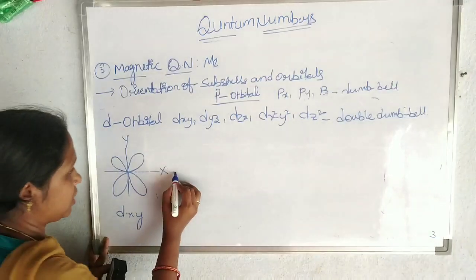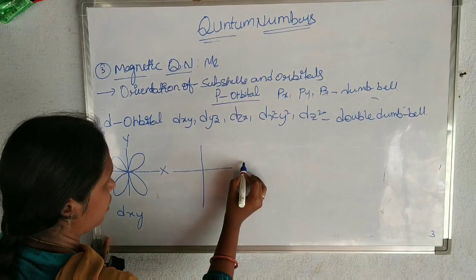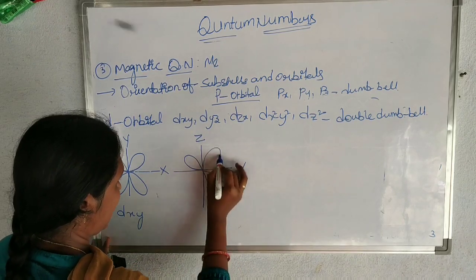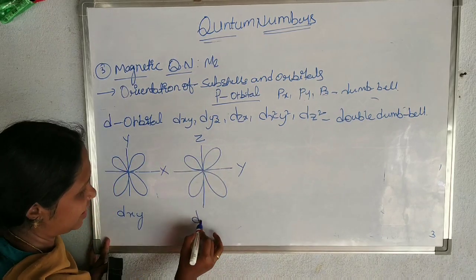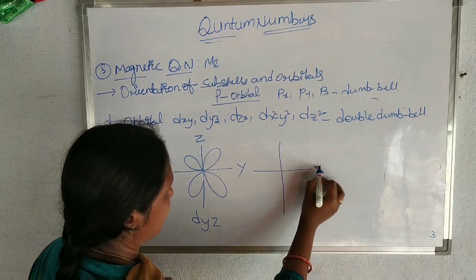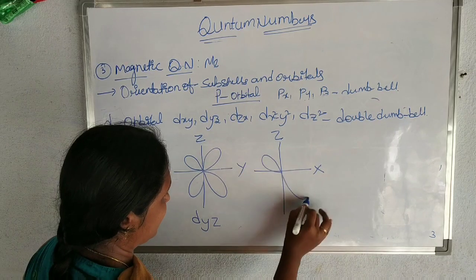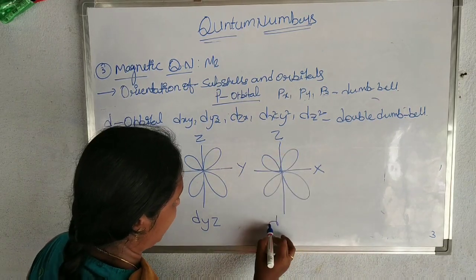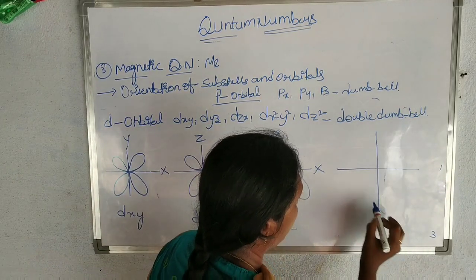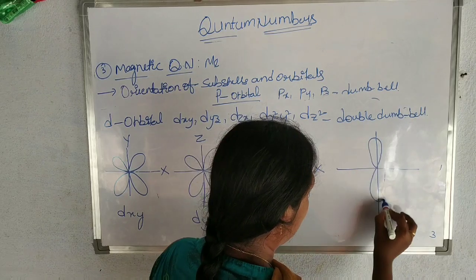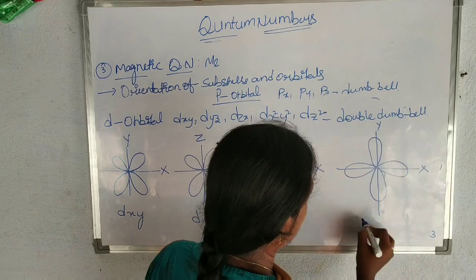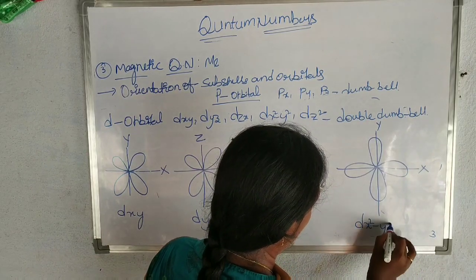If the 4 lobes are in between the y and z axes, that is dyz. If the 4 lobes are in between the x and z axes, that is dxz. In dx square minus y square, the 4 lobes are arranged along the x and y axes.